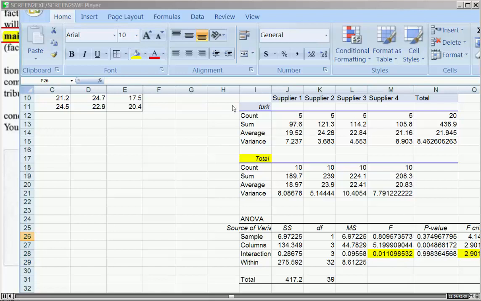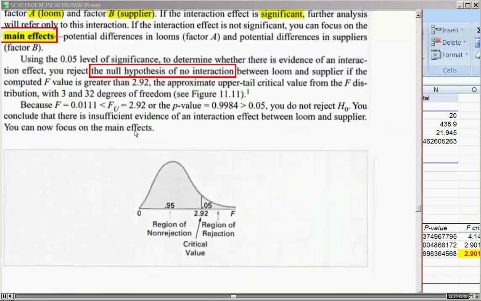That's what we're looking at. Let's make critical red. Because F of 0.011, somewhere over here, is much less than the critical value, right over here. We are staying away from the region of rejection, which is this.